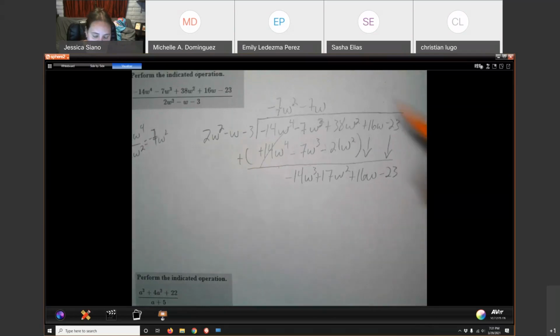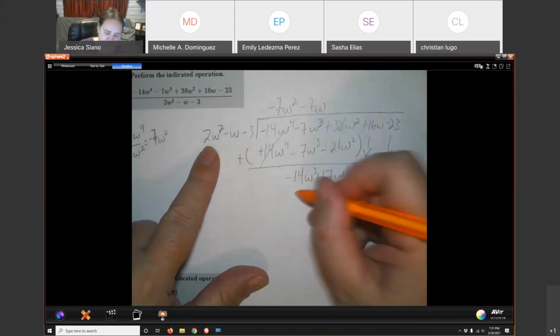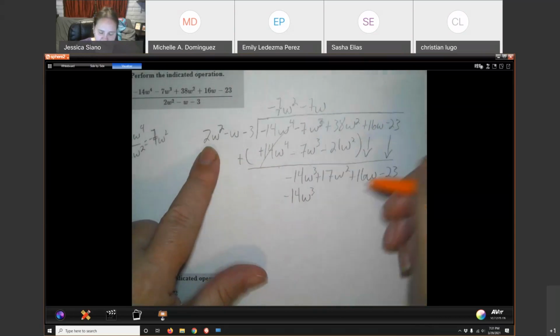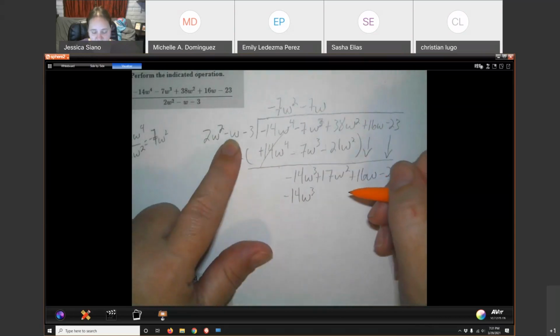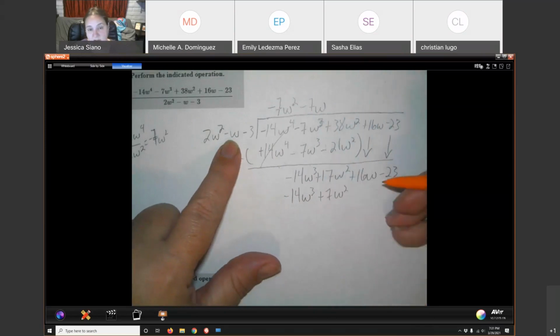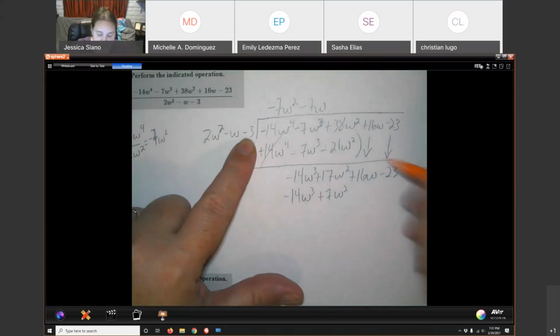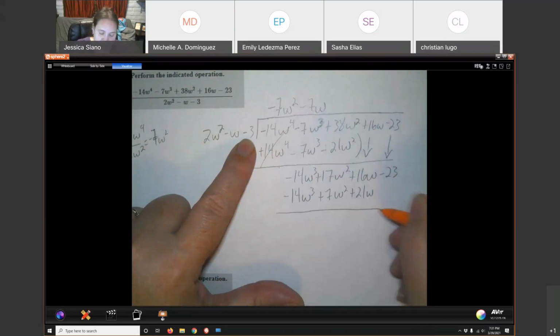And then we multiply. Minus 7w times 2w squared minus w minus 3. So negative 7w times 2w squared is minus 14w to the third. Negative 7w times negative w is a plus 7w squared. Negative 7w times a negative 3 is a plus 21w. And then we subtract.